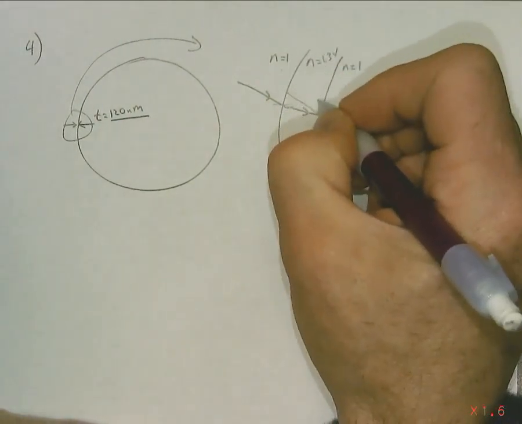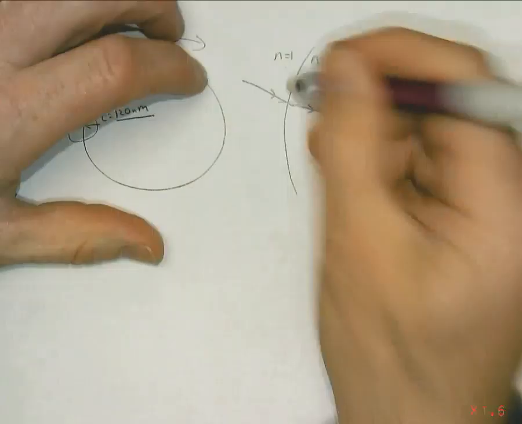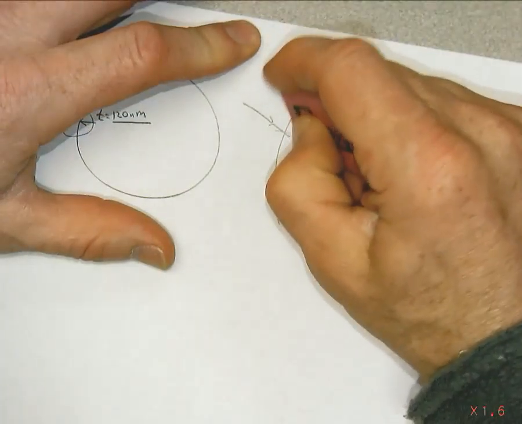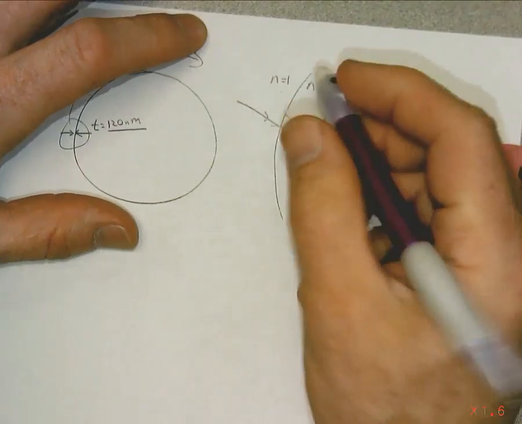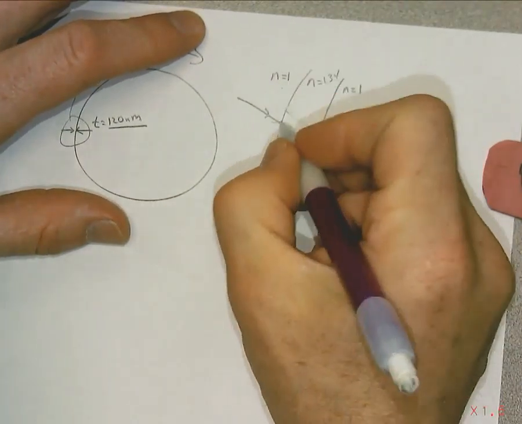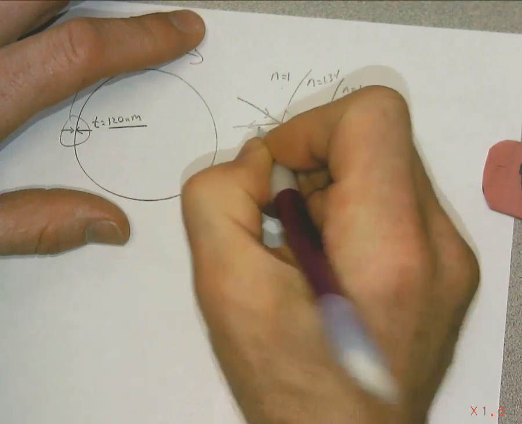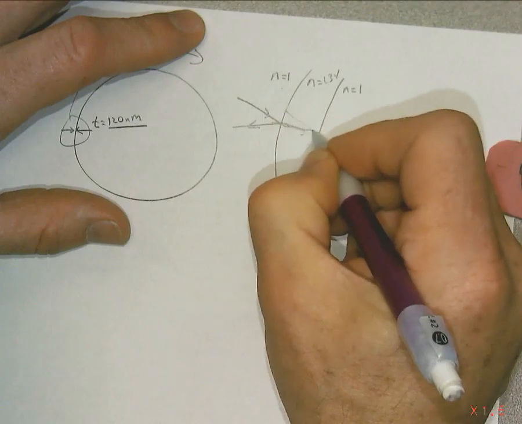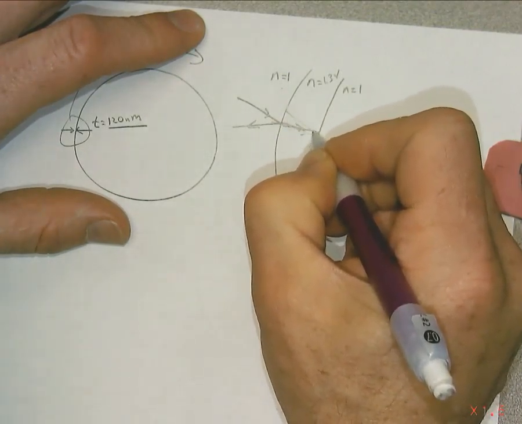I don't like how this picture is coming out. Let me just show it all underneath here. This has a reflection, like that. And so this comes in here. The part that transmits through reflects off.